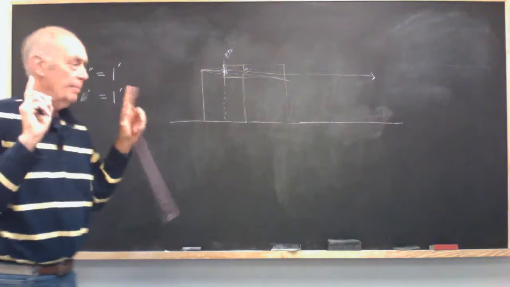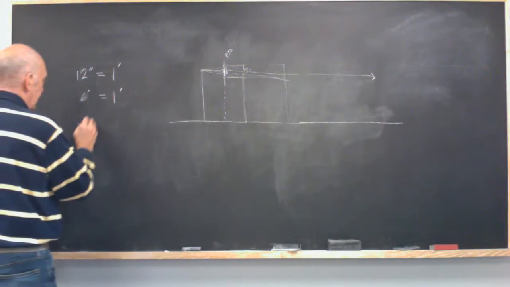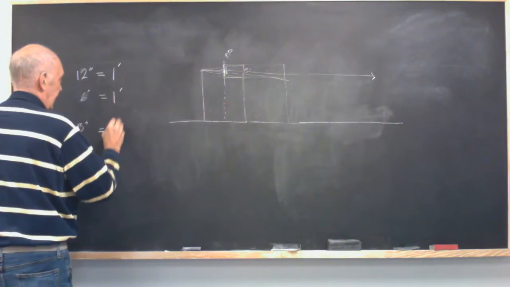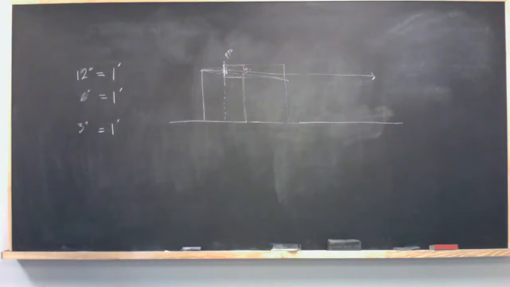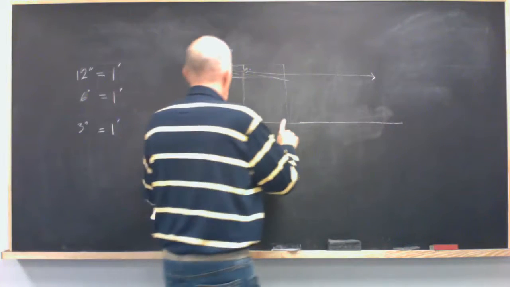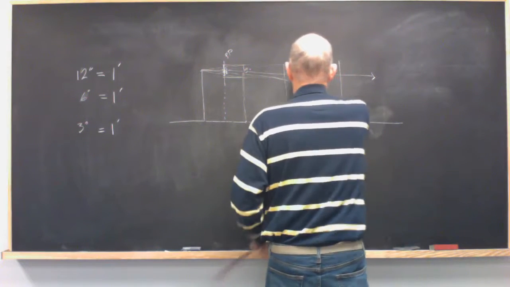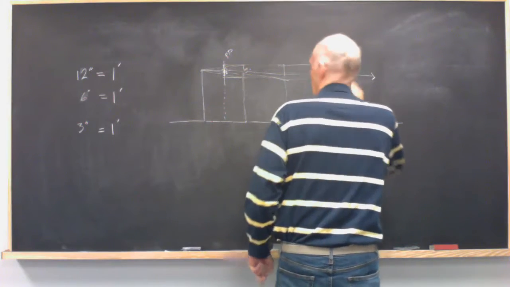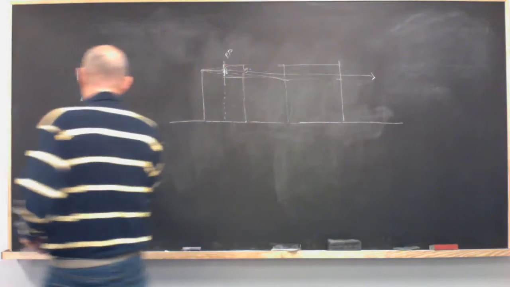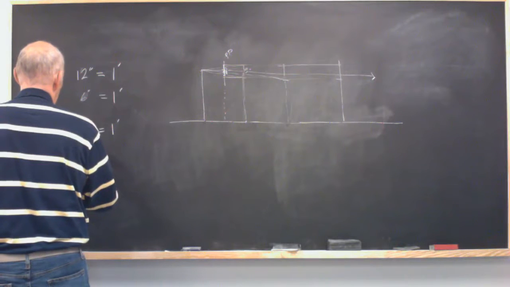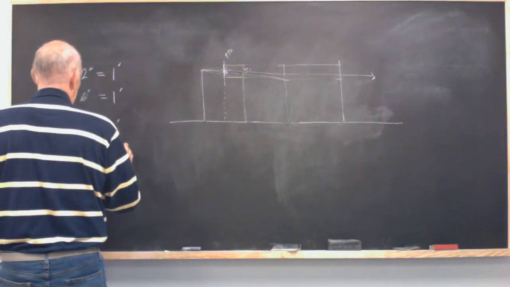So 3 inches is going to look like it equals a foot. If I keep doubling those distances, if I do it again to here, move the ruler out, it'll halve the length. So 1.5 inches equals 1 foot.